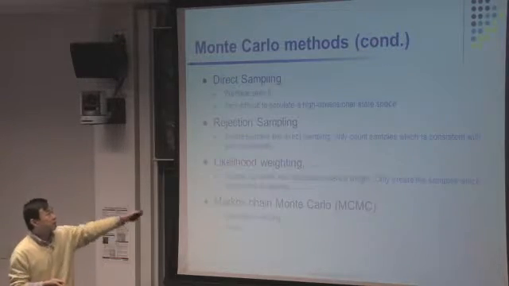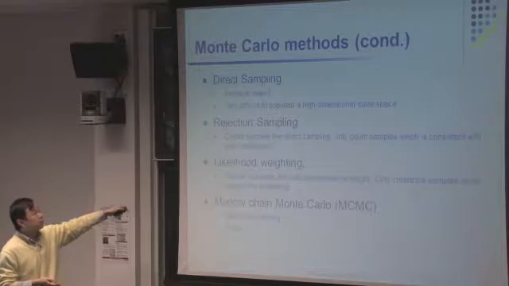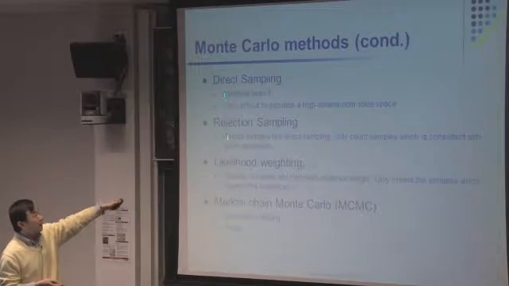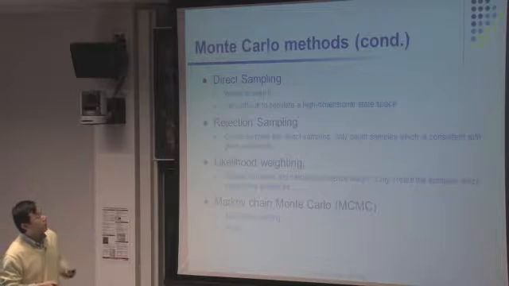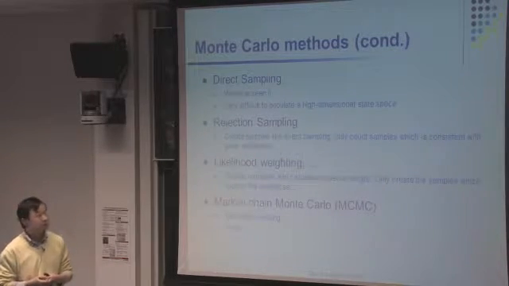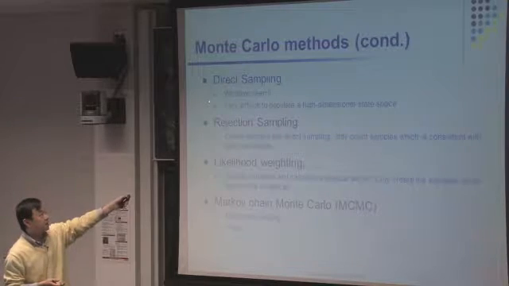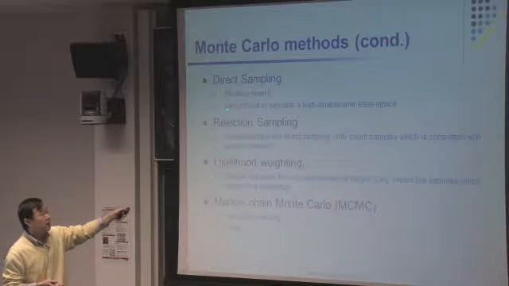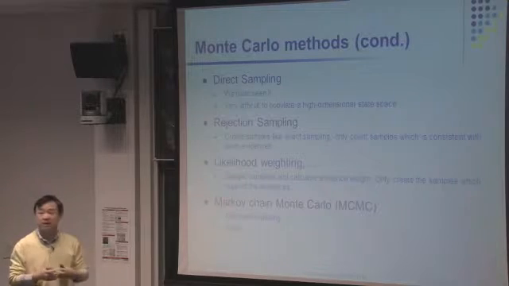Right? So here, let's start with a roadmap. Here are the 5 or 4 major techniques people now use to do Monte Carlo sampling. And the first one is direct sampling. We've seen it already, right? It is very difficult to populate a high-dimensional state space.